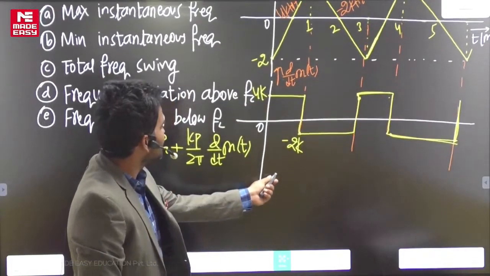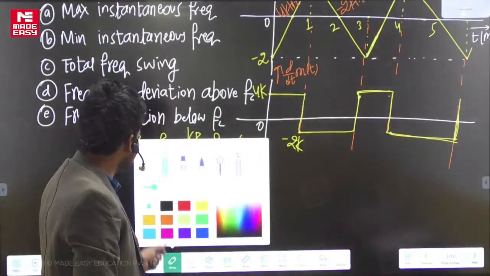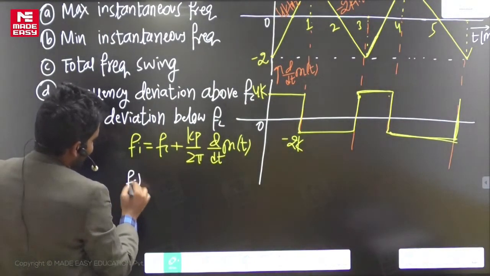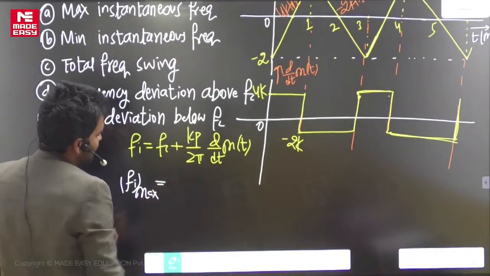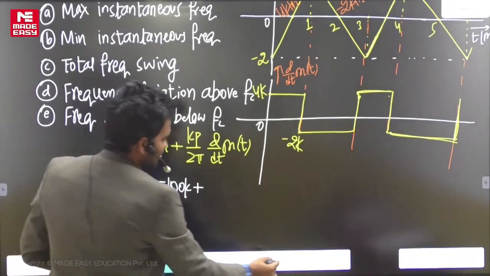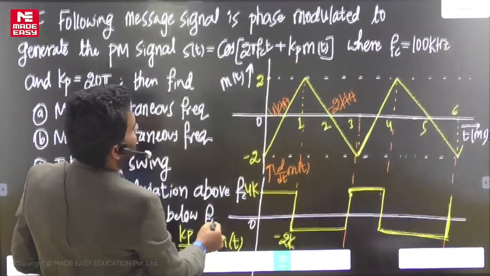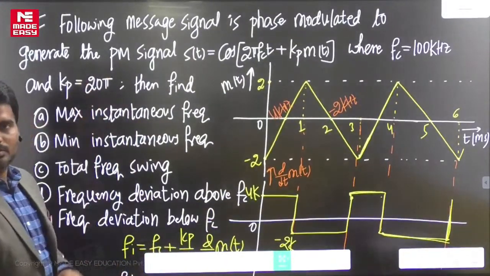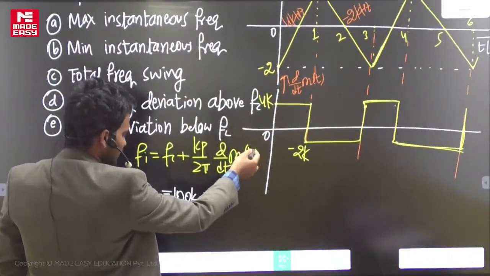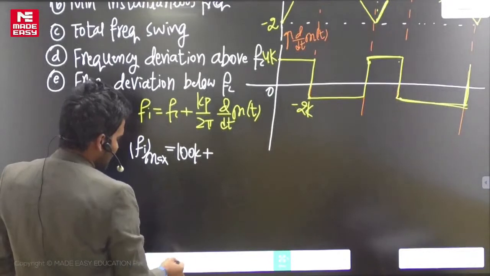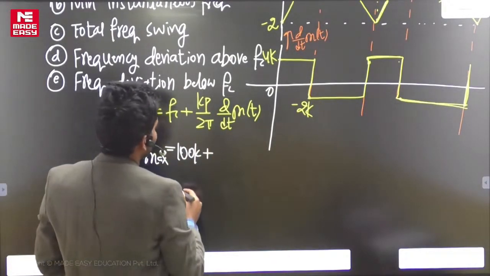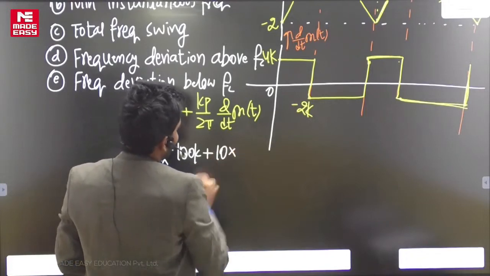Now we have to find the maximum instantaneous frequency, fi max, which equals fc plus kp by 2 pi times the differentiation. fc is given as 100 kilohertz and kp is given as 20 pi; the default unit for kp is radians per volt. Substituting, 20 pi by 2 pi is 10.